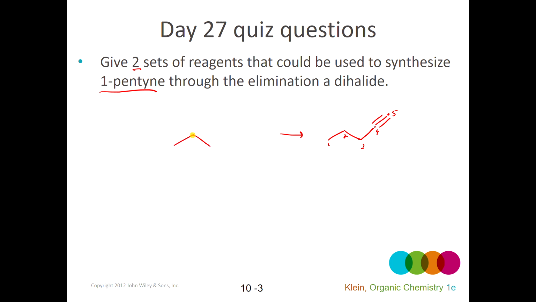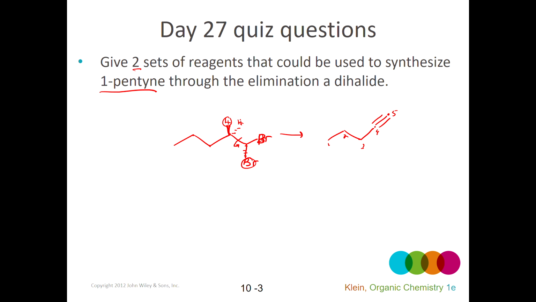Meaning I could put the two halides on the same carbon. Oops, make that a bromine. And as long as there are two hydrogens here, and this single bond can rotate, there's every reason to think that it would rotate until one of the bromines is anti to one of the hydrogens, so that can be eliminated to make an alkene.